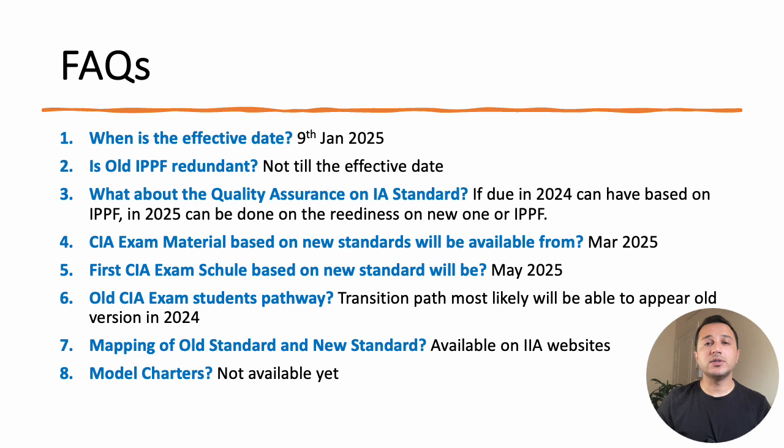However, if it is due in 2025, then you can have a check on the readiness of the new standards, that how effectively you are able to bridge the gap between the previous one and the new one.